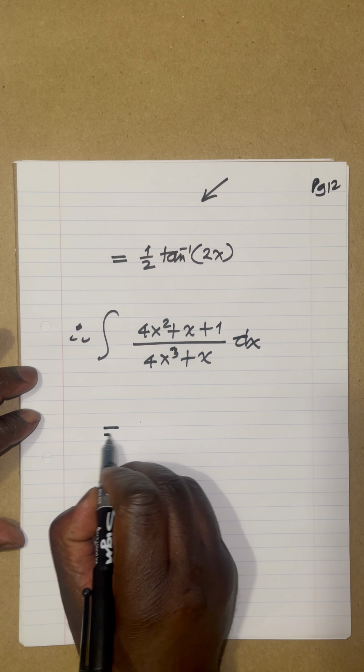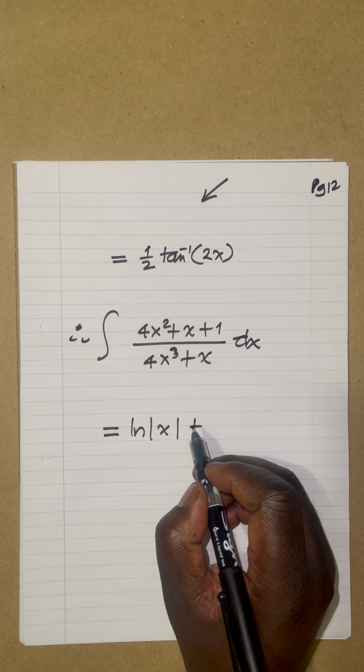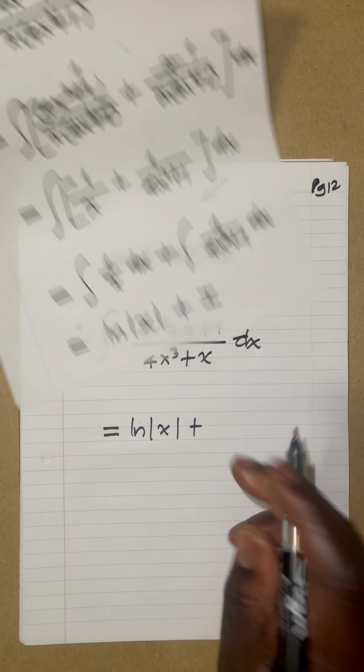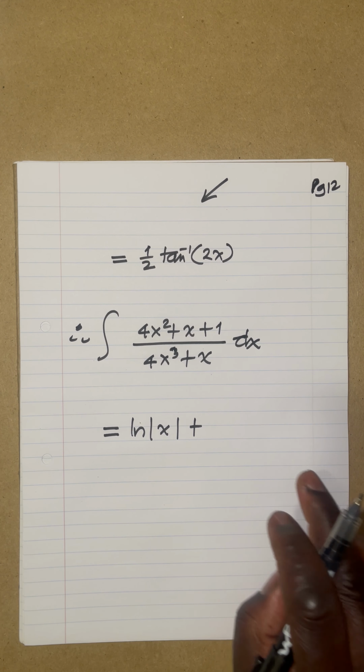This is exactly equal to the natural log of x plus, remember, natural log of x plus I. And what is I? Well, our I is that part, plus 1 over 2 tan inverse of 2x, and then we have to say plus c.